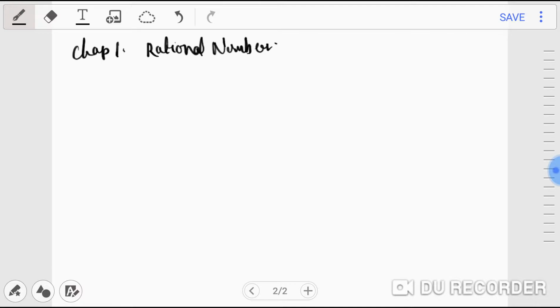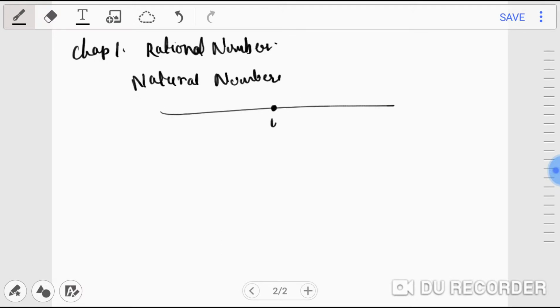My dear kids, we know about natural numbers. Do we know what natural numbers are? If I start my number line from 1, all the numbers from 1 to infinity are called natural numbers.